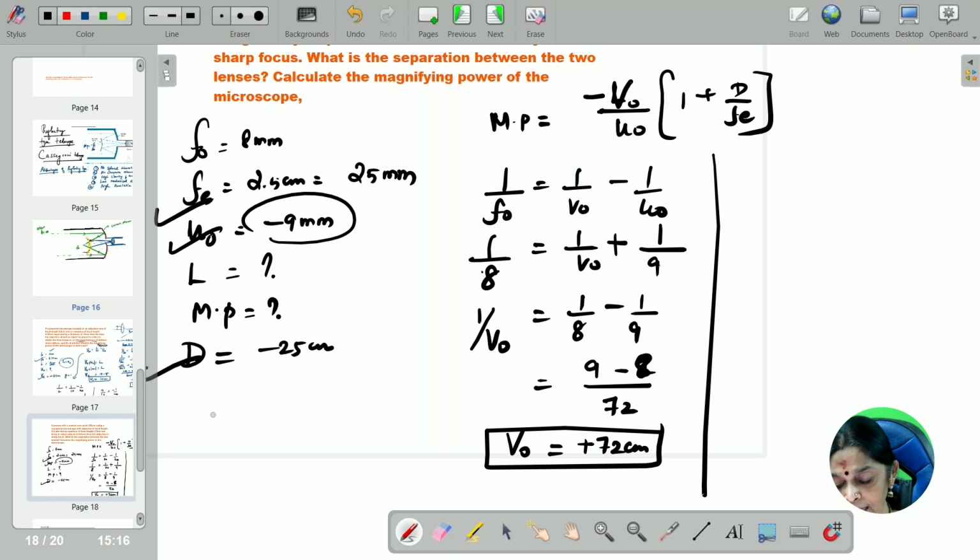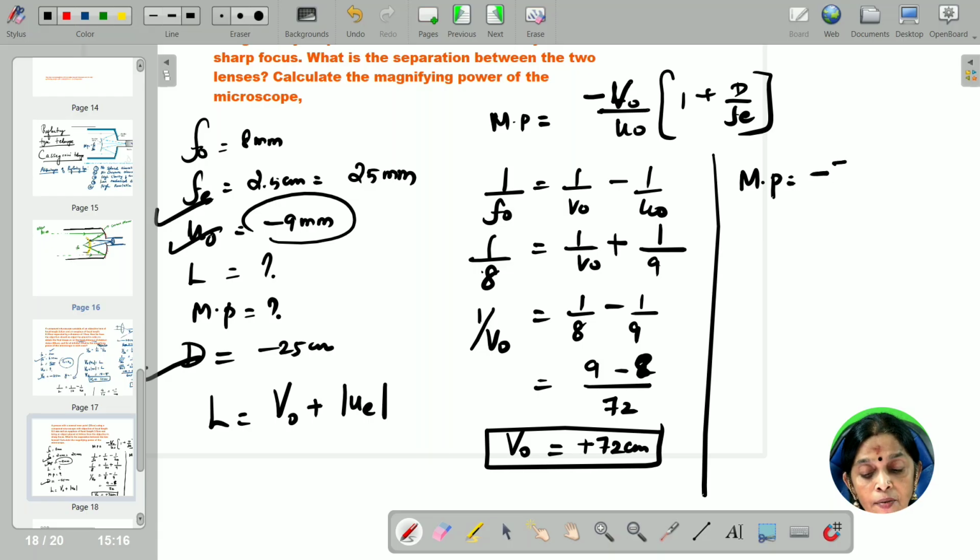So therefore L is equal to V naught plus mod of UE. We have to find out UE, right? So therefore I am going to write here magnification power is equal to minus 72 divided by U naught is 9. So 9 into minus, this is V naught by U naught. This minus sign I am taking this as mod. So this is mod value, so let me not put it here.